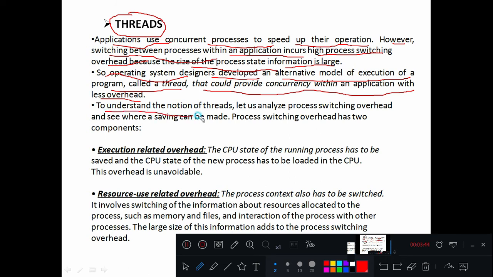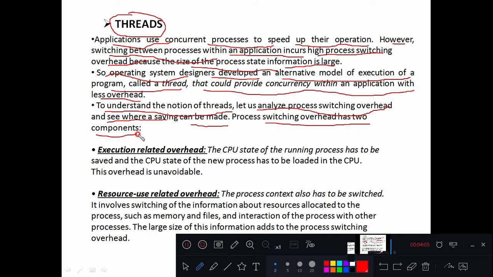To understand the notion of threads, let us analyze the process switching overhead and see where a saving can be made, right?